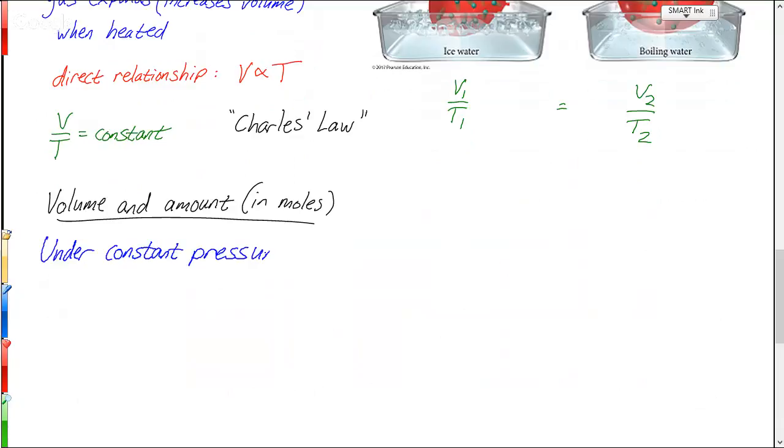So under constant pressure, volume will increase when number of moles increases.